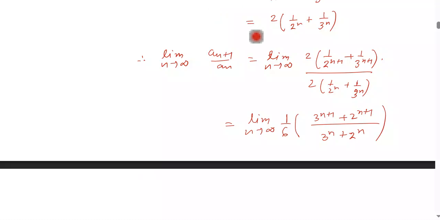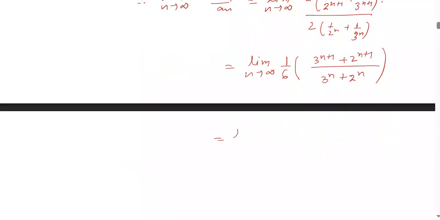From here you can do limit n tends to infinity of 1 by 6 into 3 into 3 plus 2 by 3 whole power n into 2 by 3 power n.